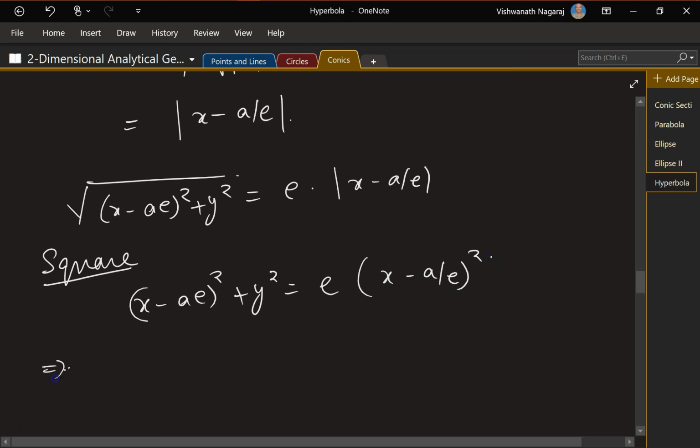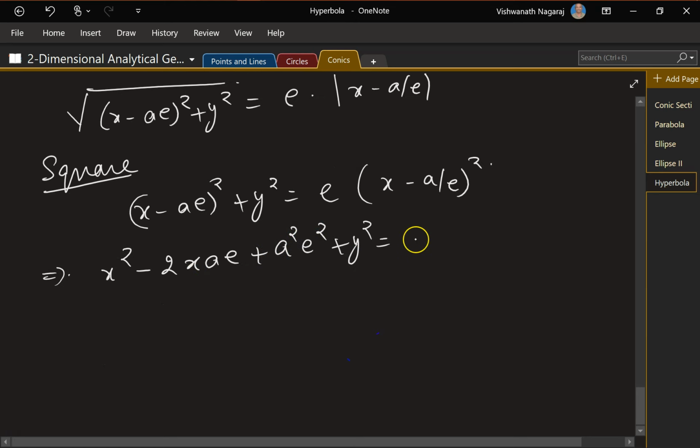Now let's open it up. x square minus 2xae plus a square e square plus y square is equal to e square times x square minus 2xa by e plus a square by e square.